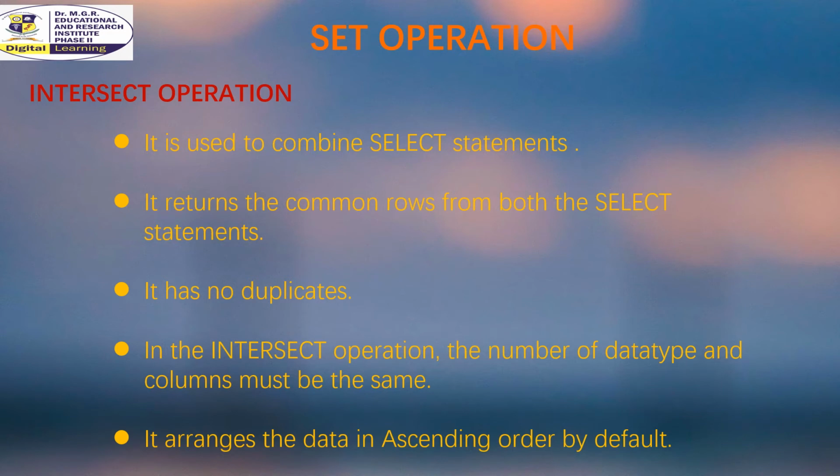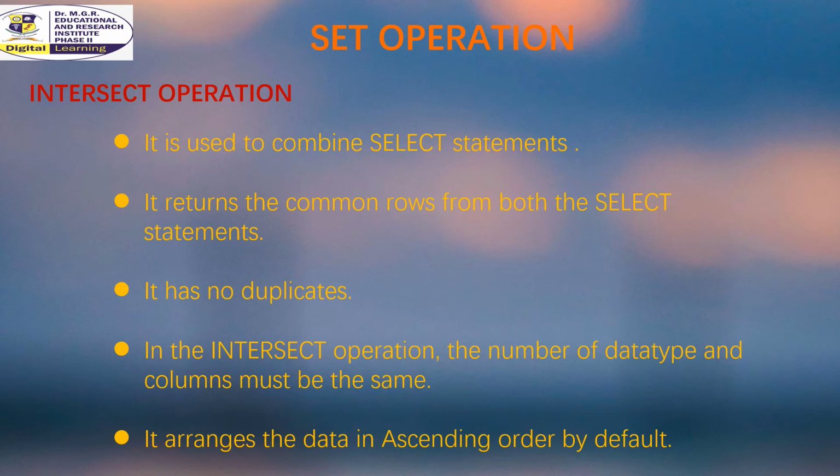Here we will see the third type of set operation, the intersect operation. The points to be remembered are: point number 1, it is used to combine select statements. The second is that it returns the common rows from both the select statements. Third, it has no duplicates.